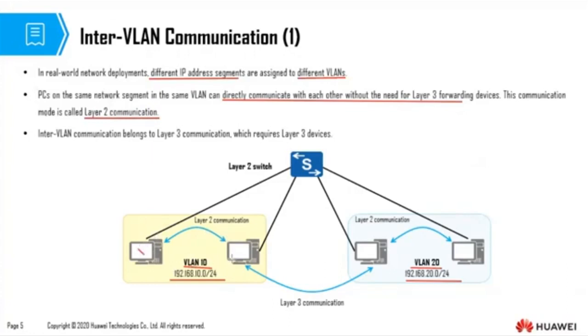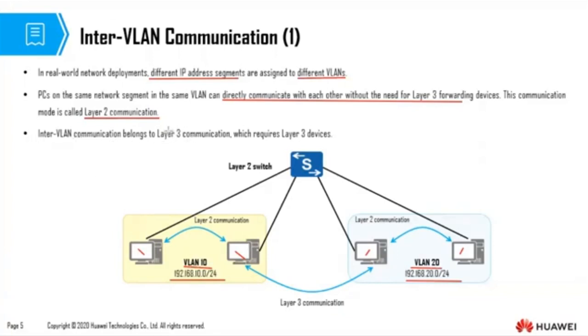This PC here can communicate with this PC here. Similarly, this PC can communicate with this PC. They're on the same VLAN, same network segment. So you can't have a situation whereby you have VLAN 10, then you assign these PCs different IPs from different network segments. That one is not acceptable.